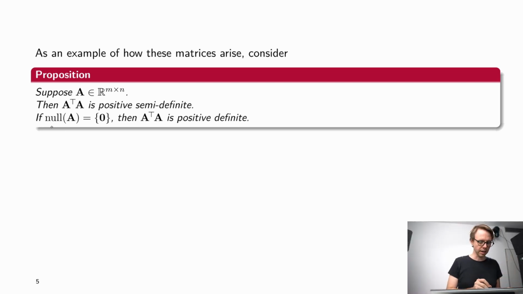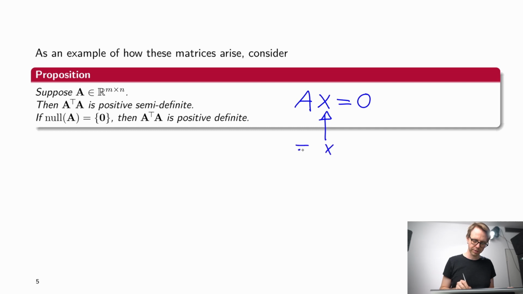And if the only solution to Ax equals 0 is x equals 0, so if it follows that x equals 0 from Ax equals 0, so the null space of A is exactly the set including only the 0 vector, then it is positive definite.